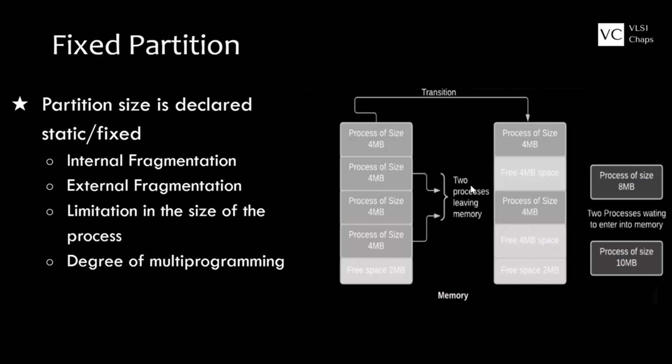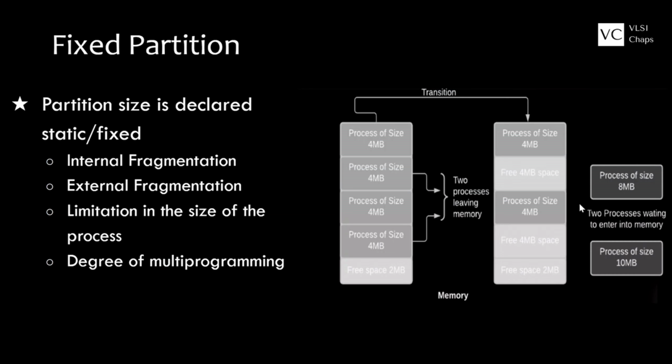They are separate. If they had been contiguous, then this 8 MB process would be able to load. But this is not the case. Likewise, if all these 3 blocks had been contiguous, then this 10 MB process would have been able to load, but that is not the case either.